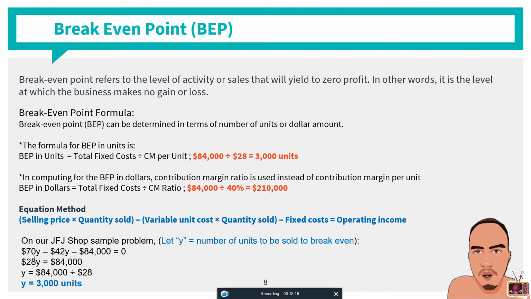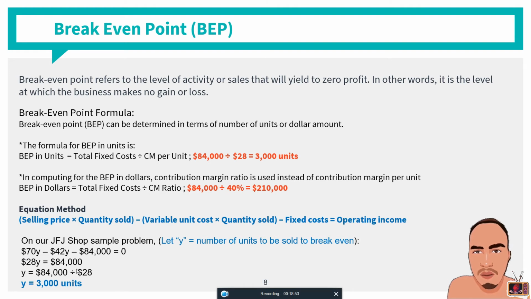So 70Y minus 42Y is equal to 28Y. So we will transfer the $84,000 to the other side. So from negative, it will be positive. Then, of course, by cross multiplication, Y is equal to 84,000, with 28 as the denominator and 84,000 being the numerator.